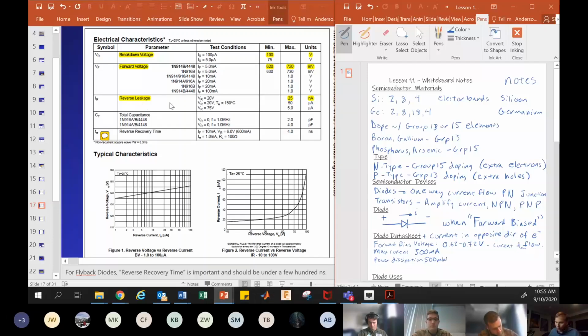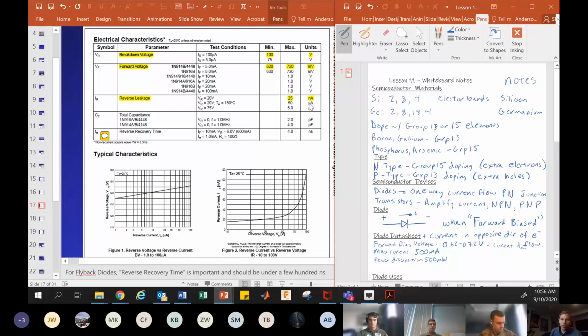We have reverse leakage. Okay, so this is that. It's 25, but let's look at the units. Nanoamps. So reverse leakage is saying, and it gives you some different conditions. With a reverse voltage of 20 volts, you'll get 25 nanoamps of current going in the wrong direction.